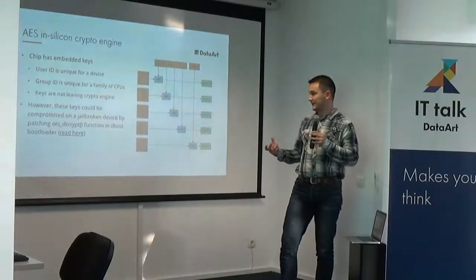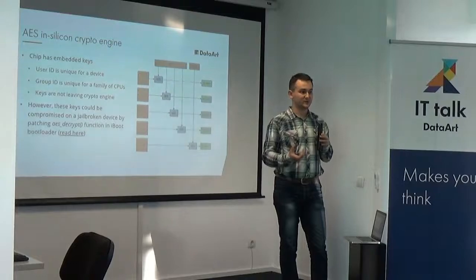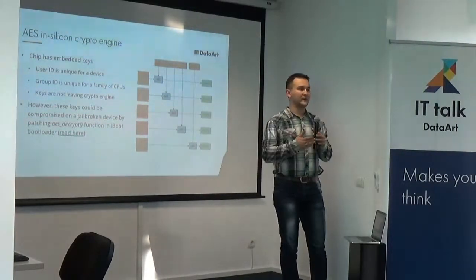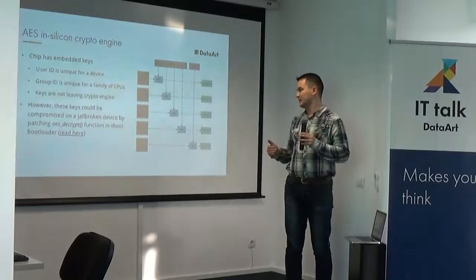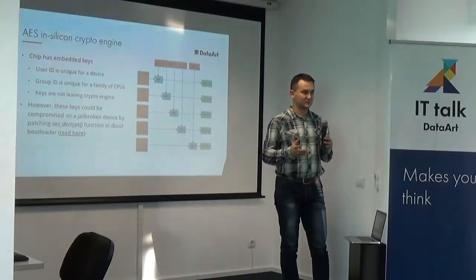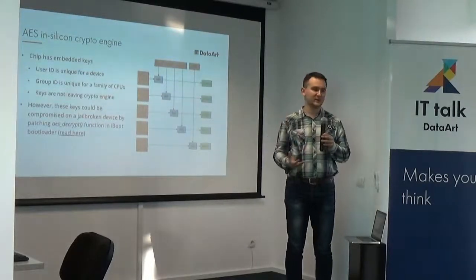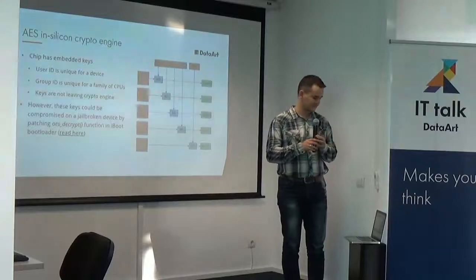Group ID is built into the central processing unit. It is an in-silicon key, and it is common, let's say, for all A7 or A8 or A9 processors. These keys do not leave the crypto engine, so as I said previously, the only chance to see them is to find a jailbroken device and dump the iOS decrypt contents.